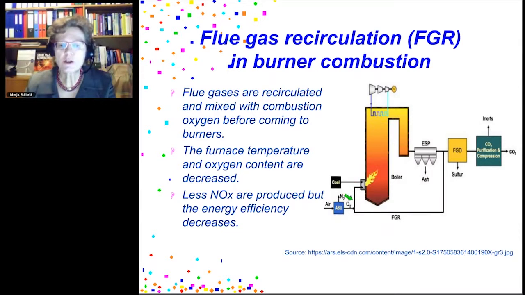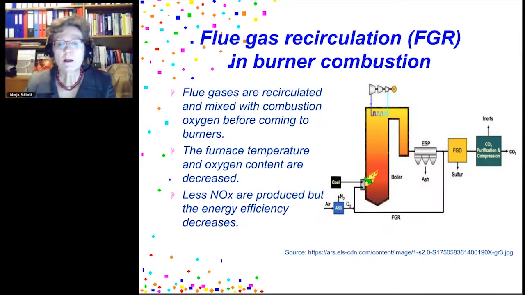We get oxygen from this air separation unit, and it means that nitrogen is removed from that combustion air. We take some recirculation of flue gases, and this comes together with that oxygen to the combustion.